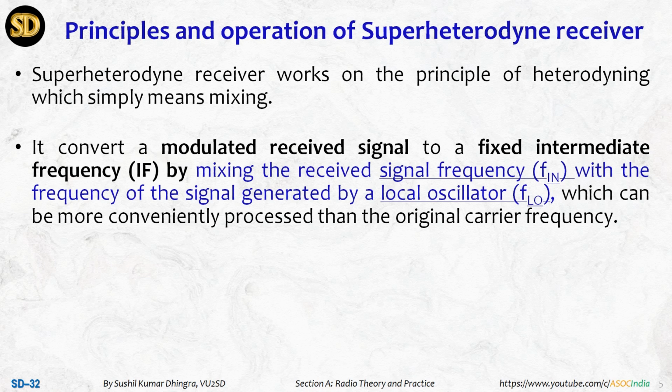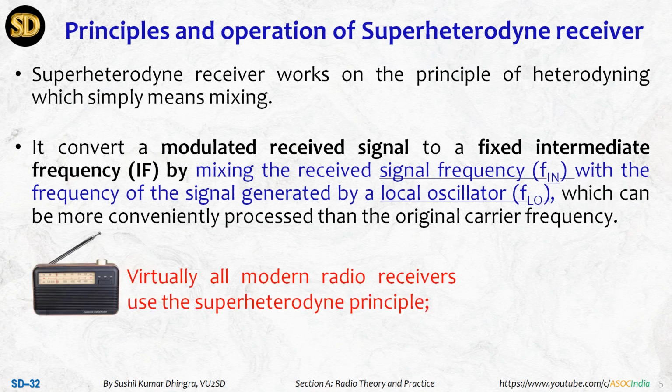And one more thing you have to understand: I have mentioned a fixed intermediate frequency. It means if the incoming frequency goes high, the local frequency will also go high. If the incoming frequency goes low, the local will also go low. Every time the IF will be stabilized, so that the further response by components will be uniform.